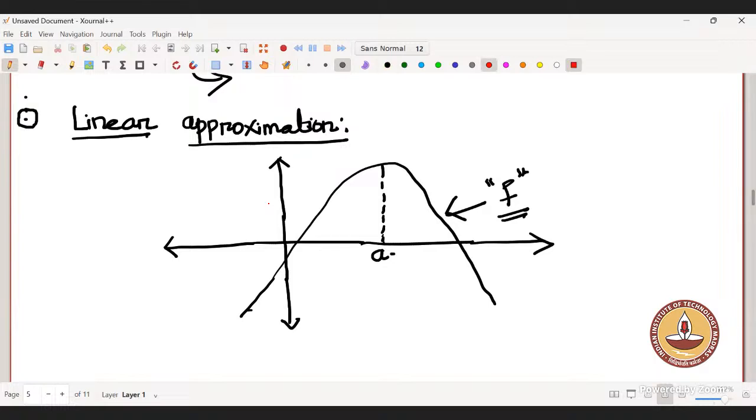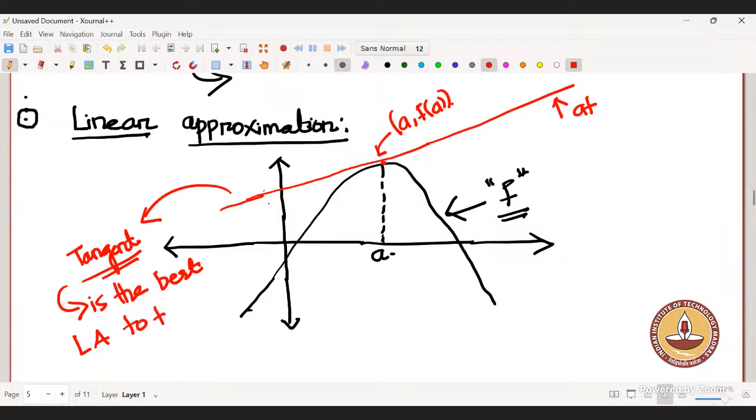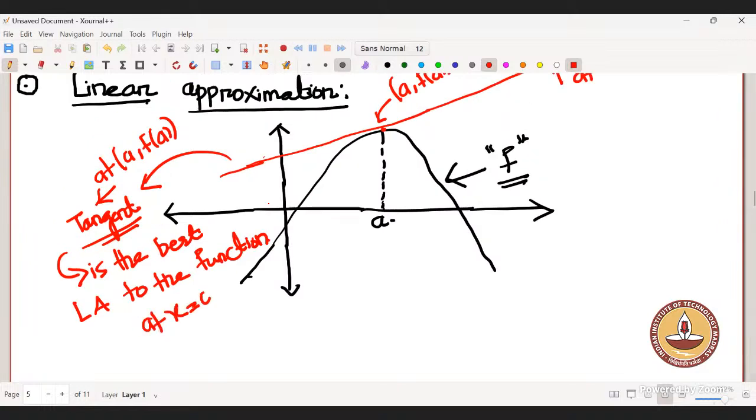The tangent of this function at A. If I consider this tangent, it touches this point, at A comma f of A. This is precisely the best linear approximation of this function at x equal to A. The tangent at A comma f of A is the best linear approximation to the function at x equal to A.